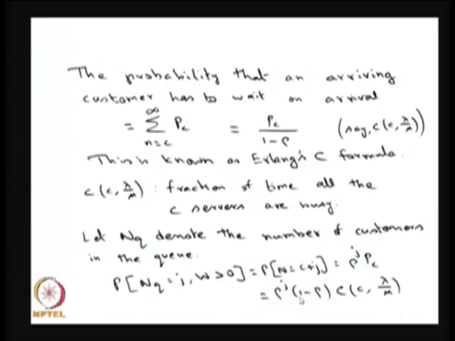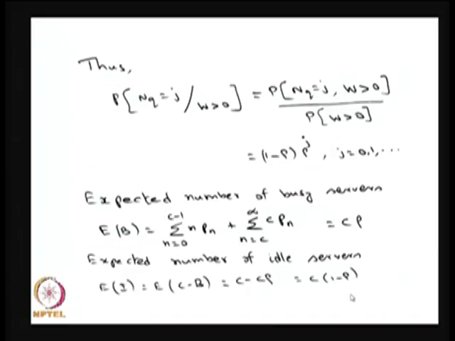Do a little simplification, and you will get this joint probability in terms of the Erlang C formula. Using that, I am finding the conditional probability: what is the conditional probability that J customers are in the queue, given that the waiting time is greater than 0?